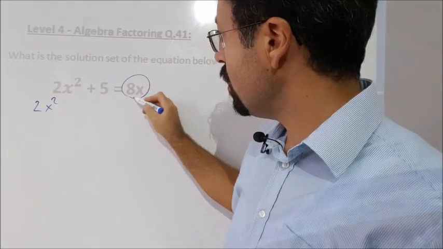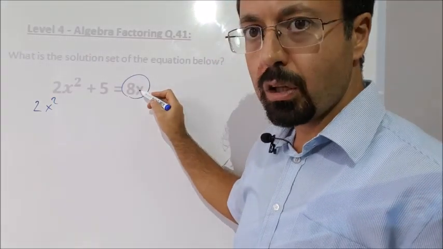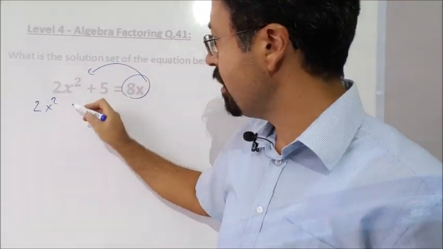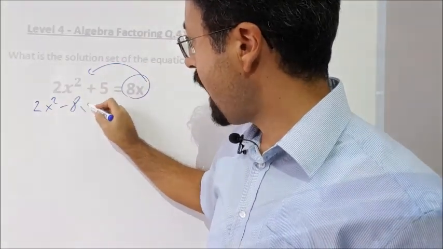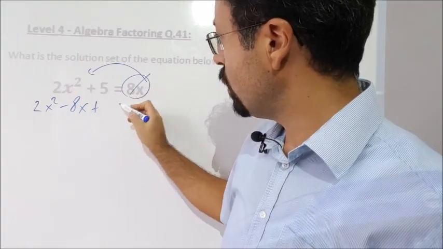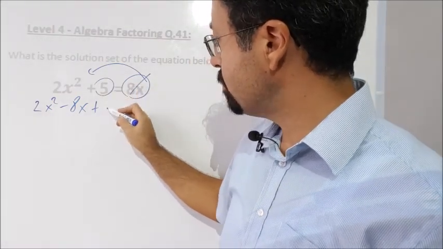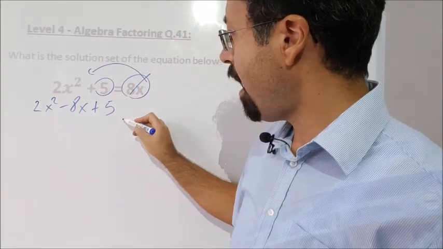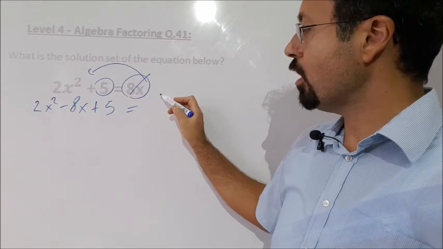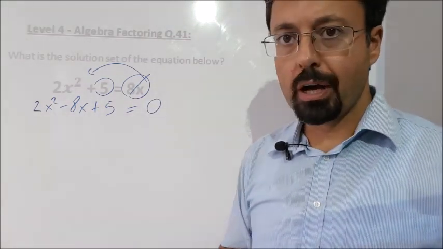The second value will be an x value with its coefficient, so we just carry this over to the left and it becomes minus 8x, plus, and the last piece in the puzzle is 5, so there's no value left here, 0.